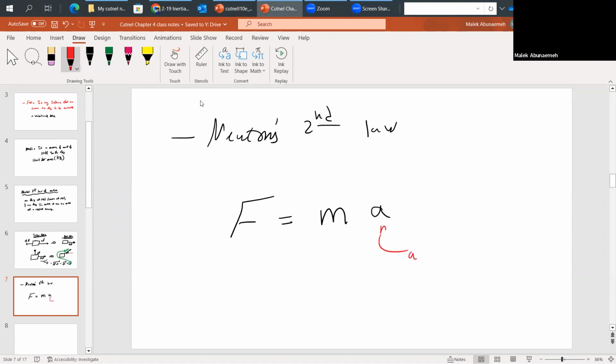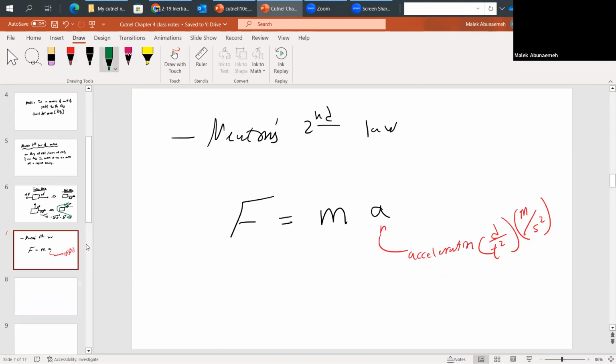A is your acceleration, which is going to be distance per time squared, most commonly meters per second squared.